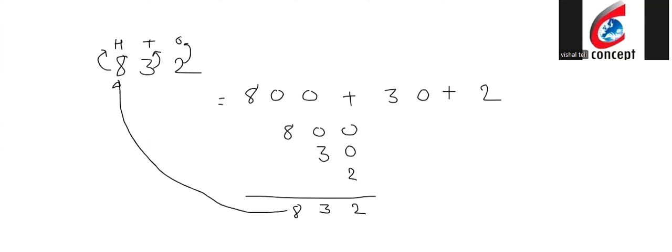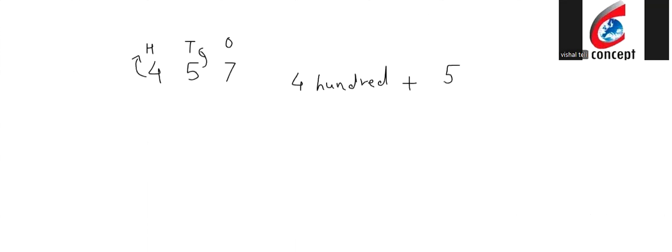Let me help you with one more problem. Okay, here we go. So now we are going to take another number which is 457. So write down the ones, tens, and 100 on top. So let me help you to quickly understand this. So 4 is in place 100, so I'm going to write here 400, plus 5 tens, so let me write 5 tens.